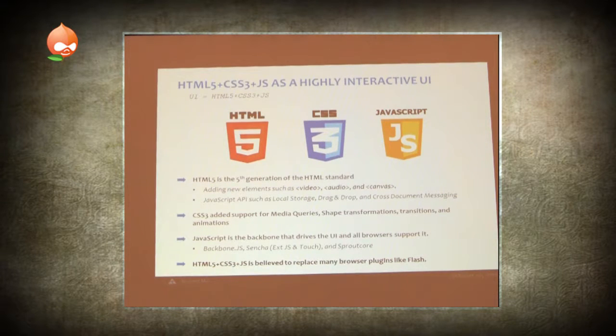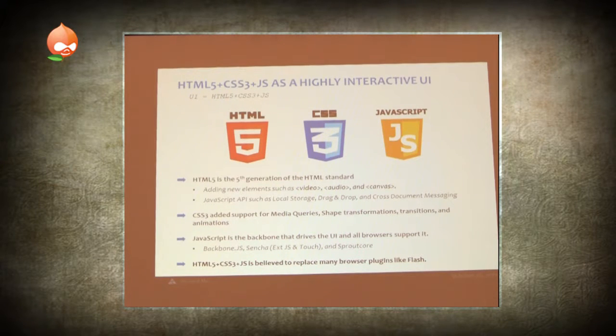So, HTML5. HTML5 is the fifth generation of the HTML standard. It has new elements like video, audio, and canvas added to it. It also has new JavaScript APIs like local storage, drag and drop, and cross-document messaging. These are really good to make your website stand out. They give you the ability to make it like a desktop application.